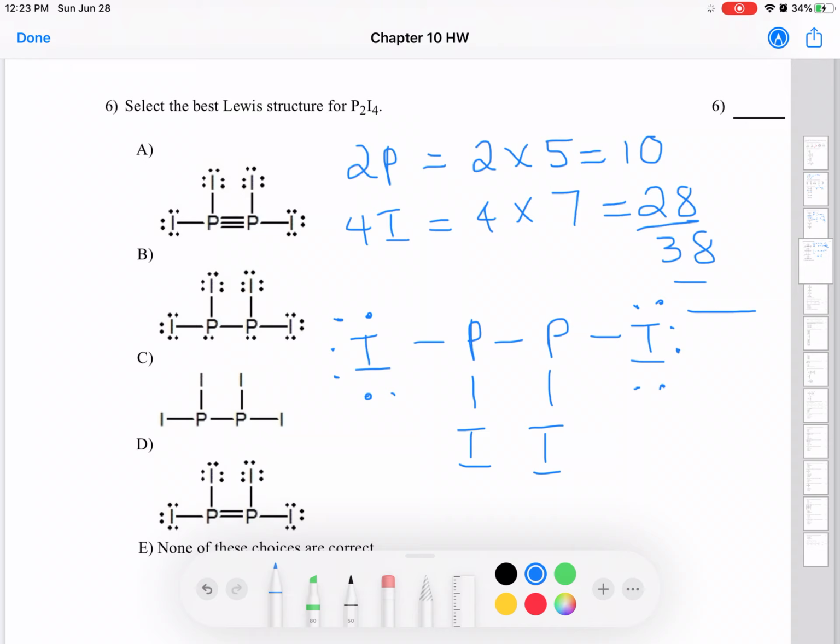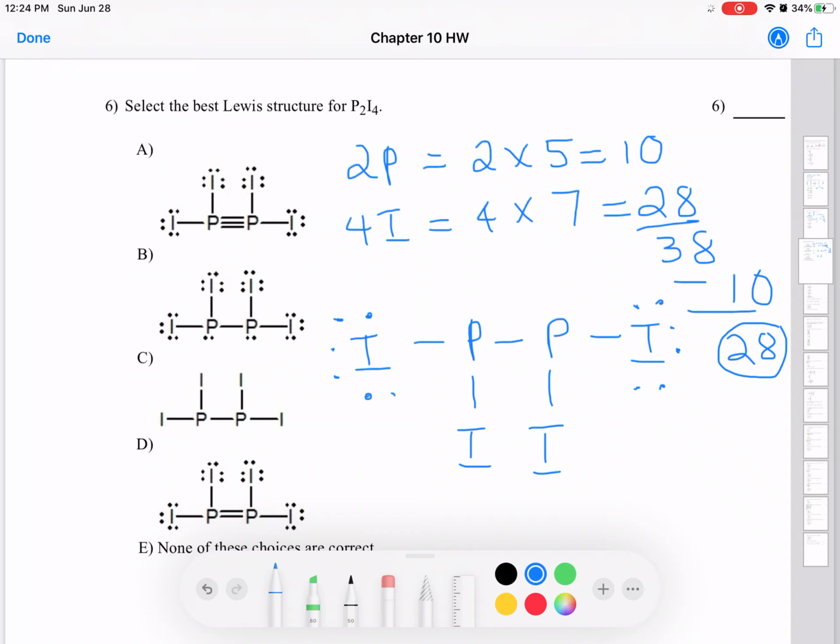We have 1, 2, 3, 4, 5. So for the skeleton, we have used 5 bonds. 5 bonds means 2 electrons each, 2 times 5, 10. So 38 minus 10, 28. So we are left with 28 electrons to put on the terminal iodine to make them an octet.